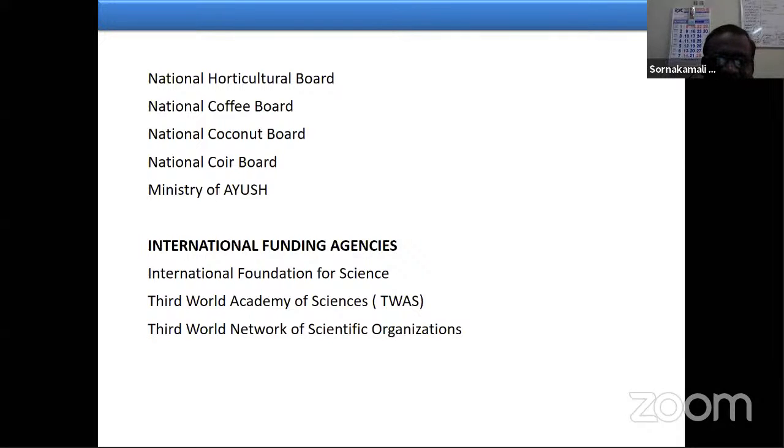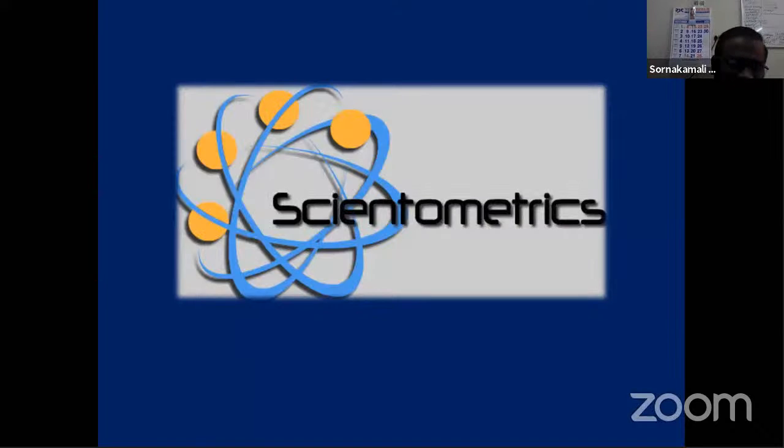These are the national funding agencies. At least 36 funding agencies in India can fund research. There are also some international funding agencies that fund our Indian scientists. Now I have completed the second part of my presentation.